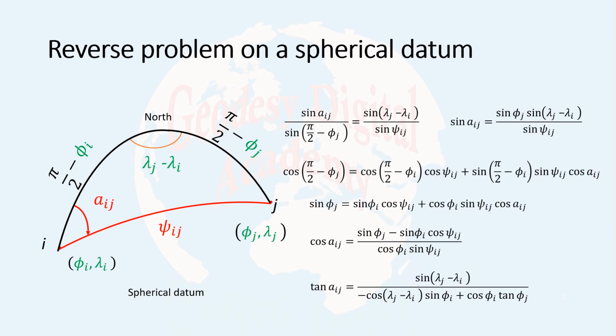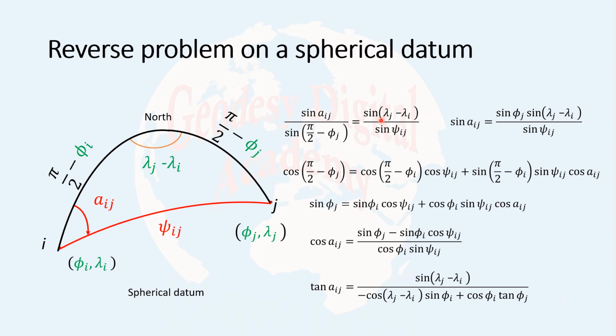In order to determine the azimuths between the points, we can use either cosine or sine rules. So let us consider the sine rule first. Sine of this azimuth or this angle over the sine of this arc equals sine of this angle over sine of this arc.